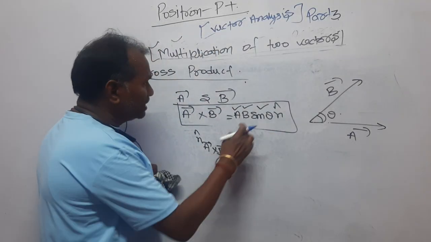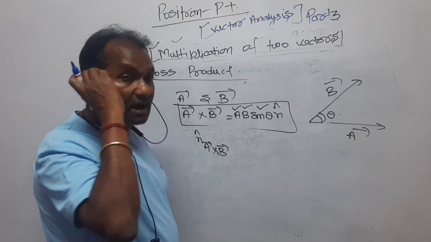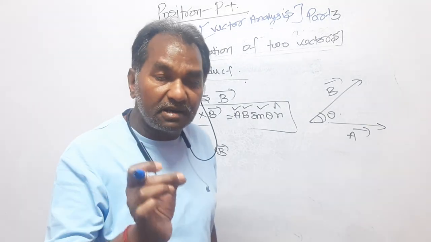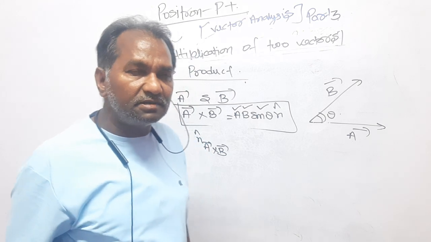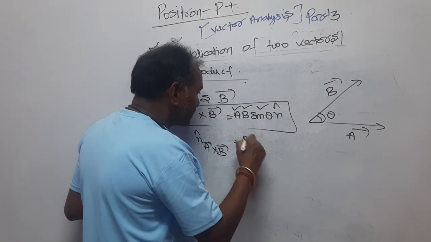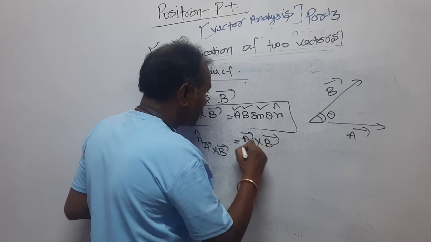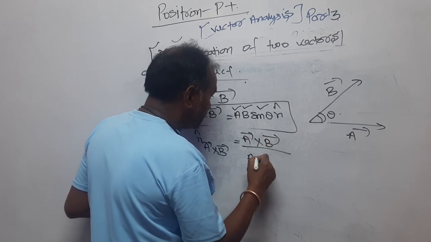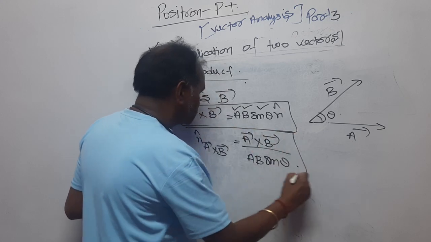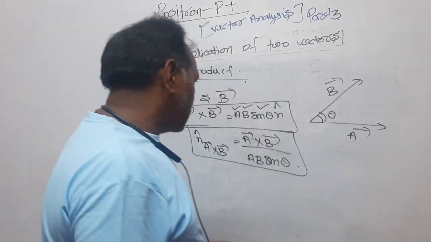So n cap is the direction of A cross B, a unit vector with magnitude 1. Now that is equal to vector A cross vector B upon AB sin theta. So many results we will discuss with these formulas.